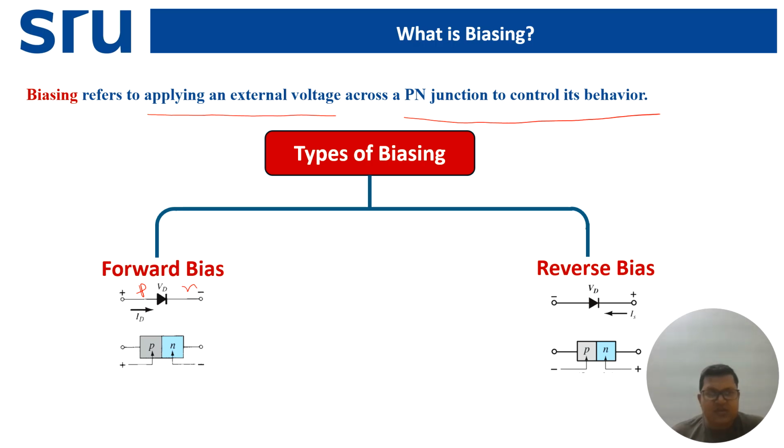This condition we call the forward bias condition. And the reverse bias condition obviously will be the opposite, where the P side is connected to the negative part and the N side is connected to the positive part. This biasing condition we call the reverse bias condition. So there are two different types of biasing possible, forward and reverse.